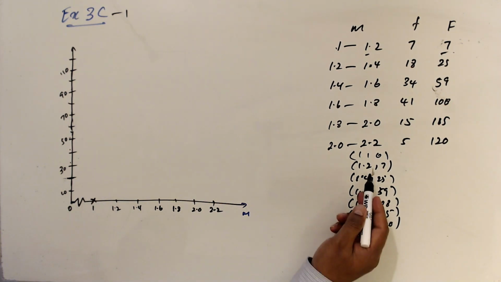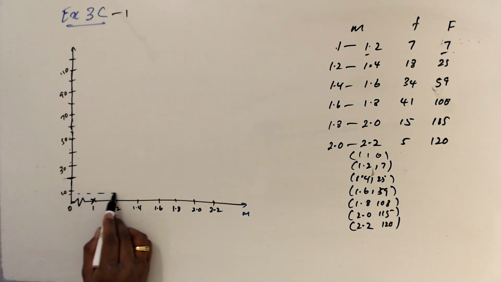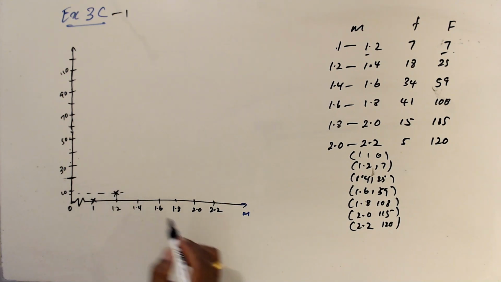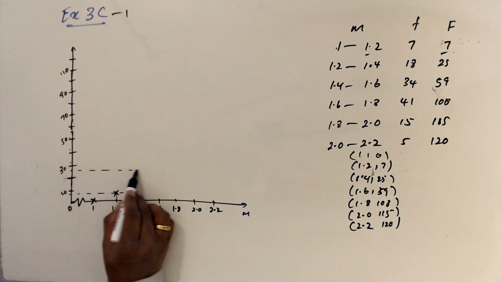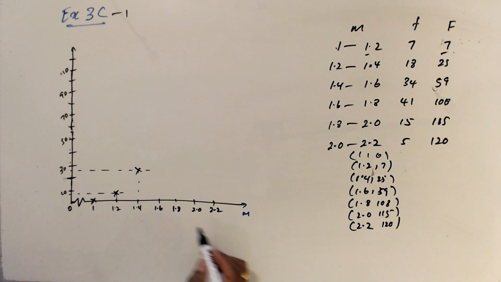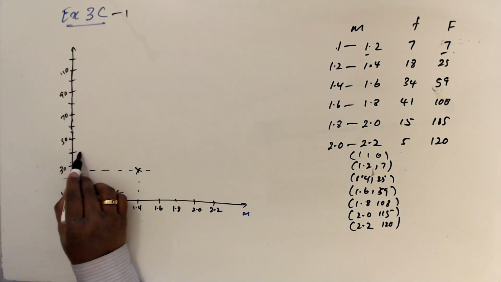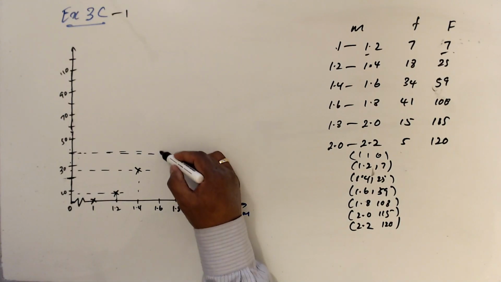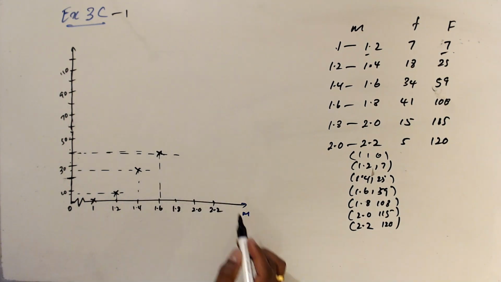And then 1.27 is somewhere here. So this is the value. Then 1.425, this is the value. And 1.639, this is 40, so it's going to be this one.